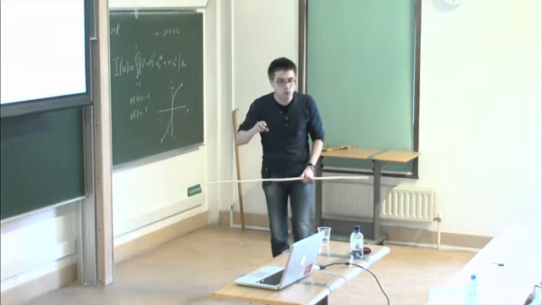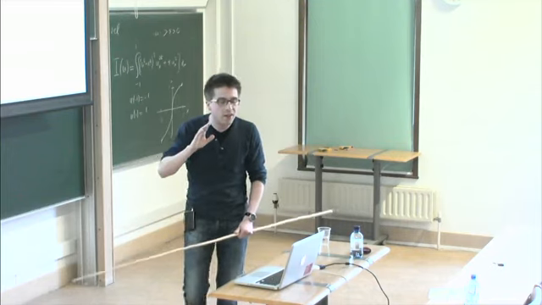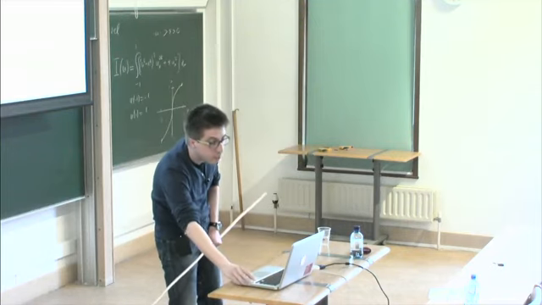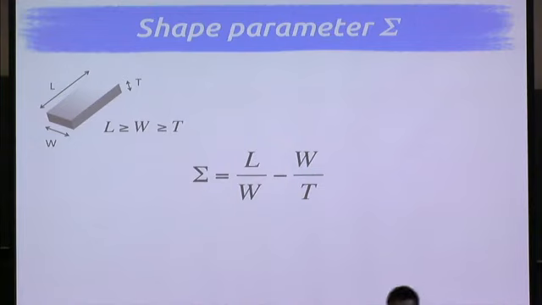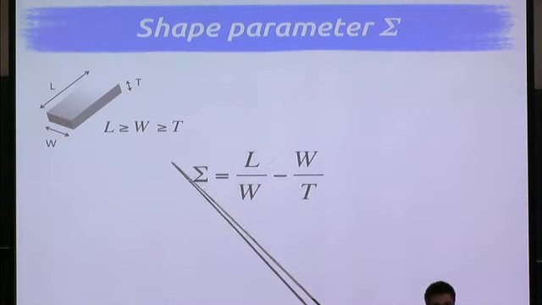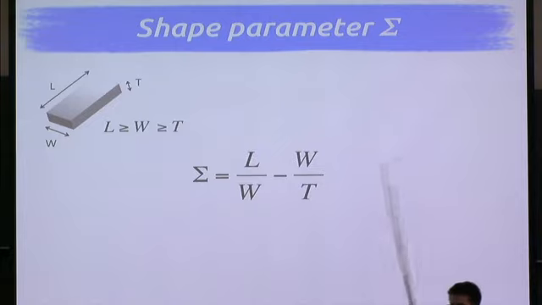But in this work it's particularly useful and convenient to introduce this shape parameter, already introduced by Professor Vanakaras, which is nothing but a combination of the aspect ratios characterizing the board-like particles. And I'm going to show you in the next slide why this shape parameter is particularly useful.